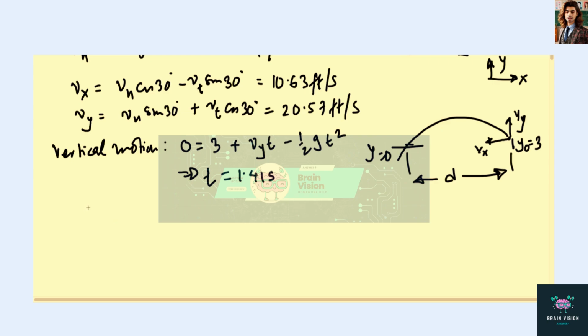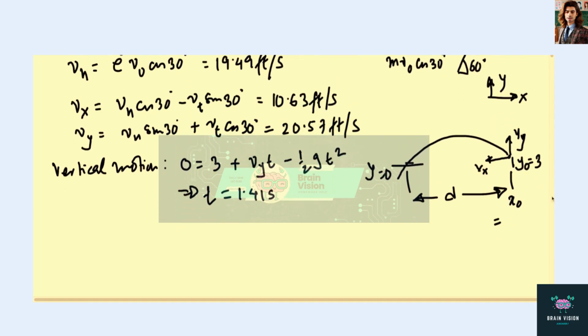Now the distance it travels is, over here we have x naught equals 14.9 feet.